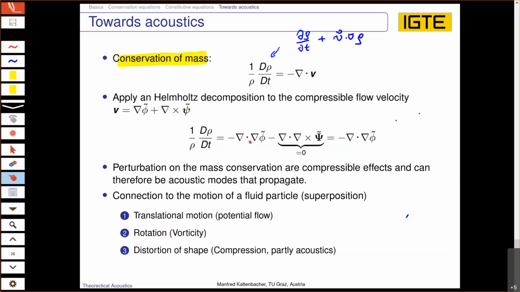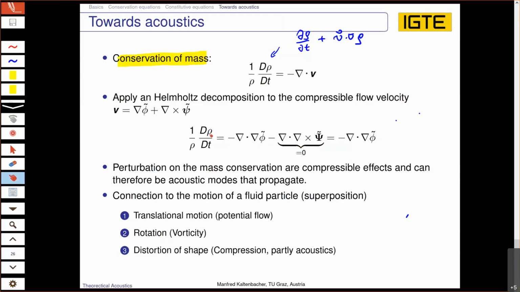What we get is the divergence of the gradient of the scalar potential minus the divergence of the curl of the vector potential. Since the divergence of the curl is always equal to 0, we get a pure scalar equation for this scalar potential. And as we see, the scalar potential is driven by a change of the density.